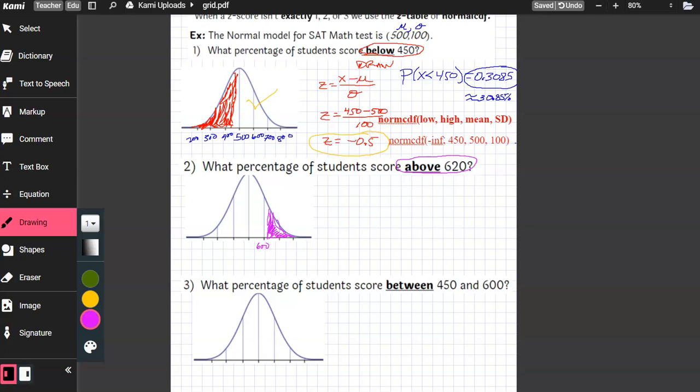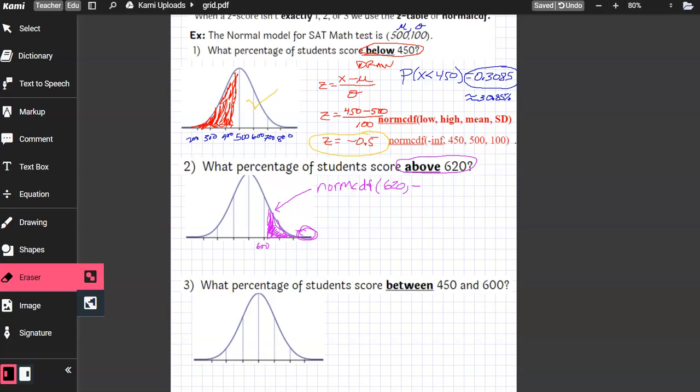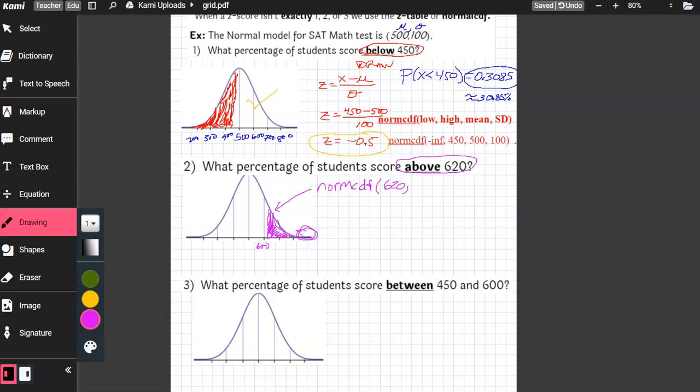All right. So now the calculator command that will give you this is norm CDF. You need your low bound, this time 620. And I want it all the way over here, so you want to pick a very big number. I'm going to choose positive, sorry about that, positive infinity.